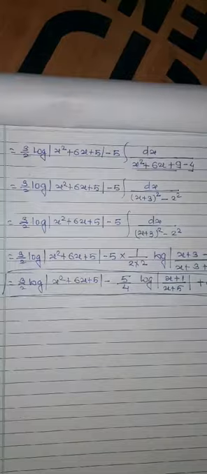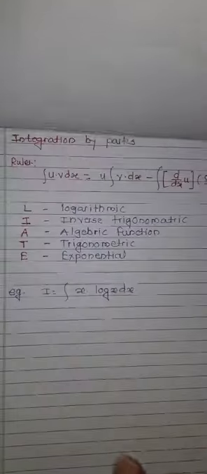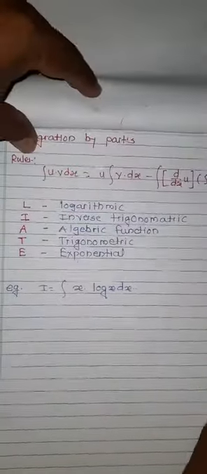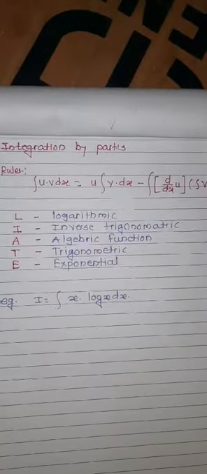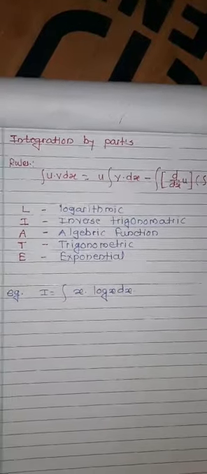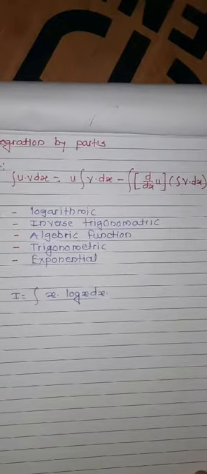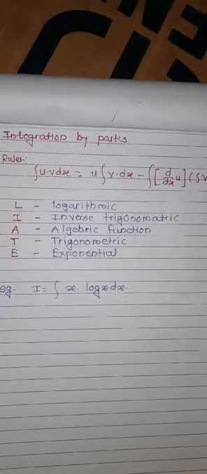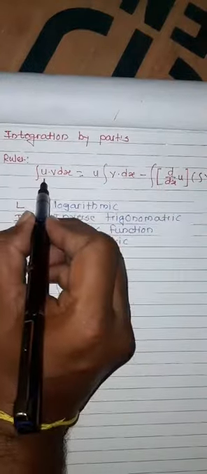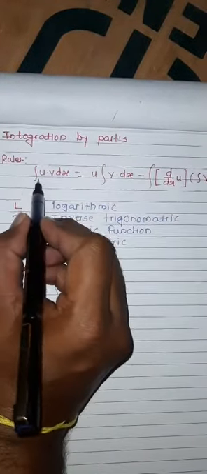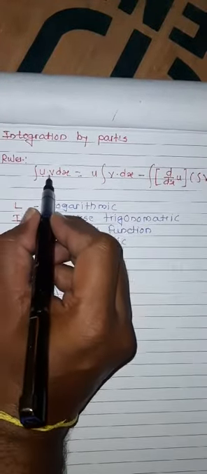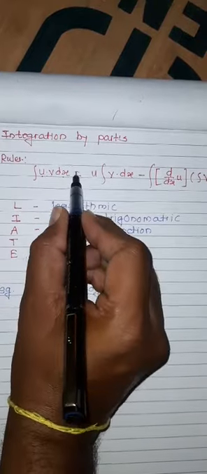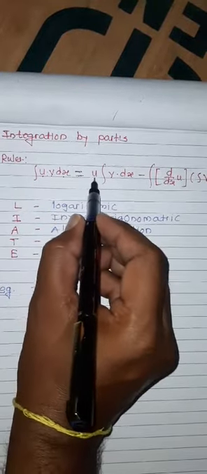Okay, again we have to discuss another problem, another integration by parts. First of all, we have to discuss the integration by parts rule. Using this rule, the integration of u into v dx can be solved as follows.